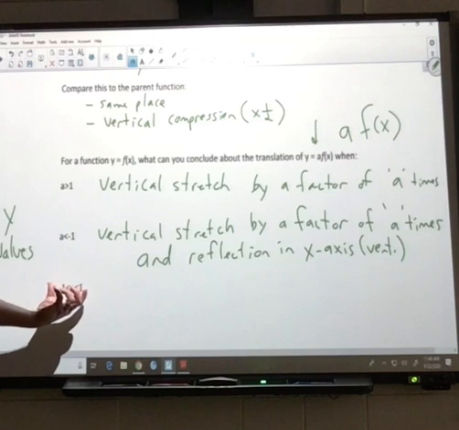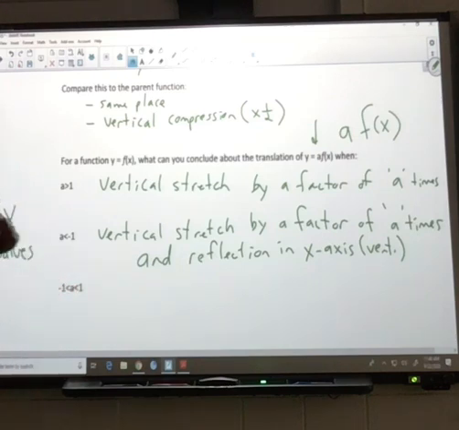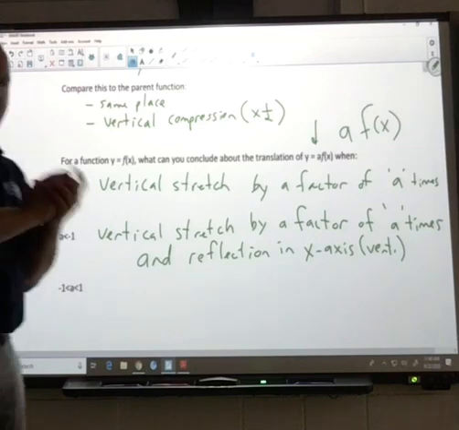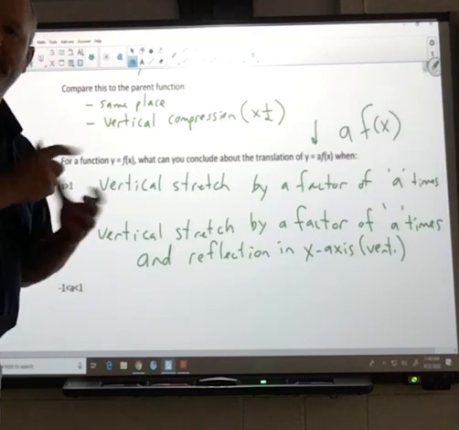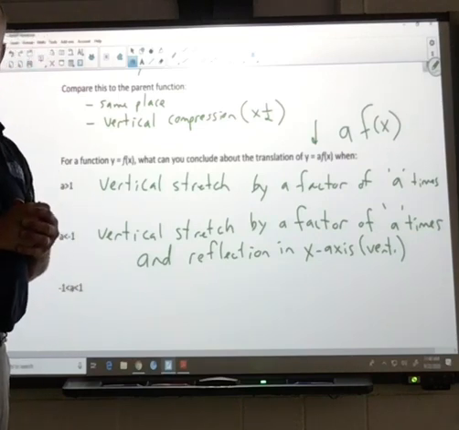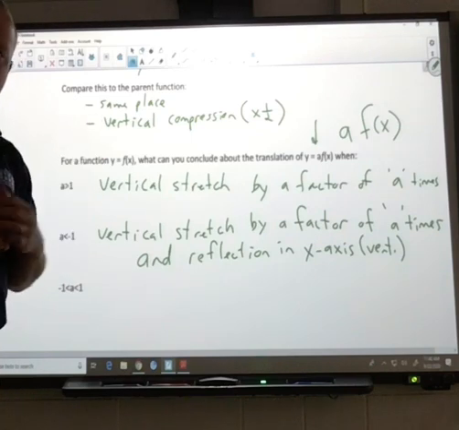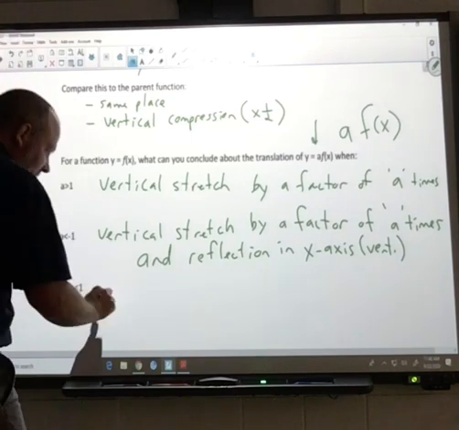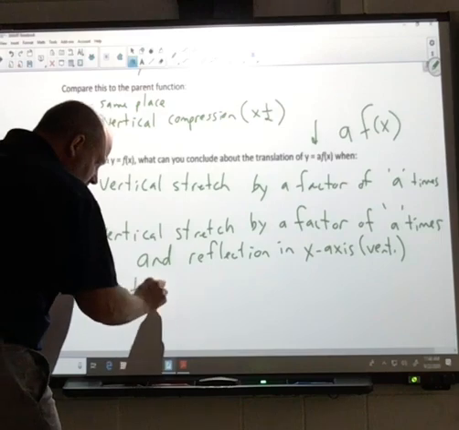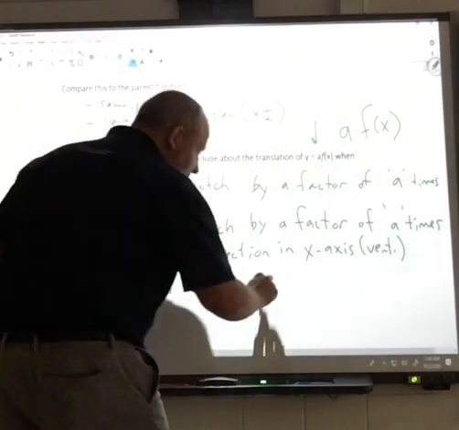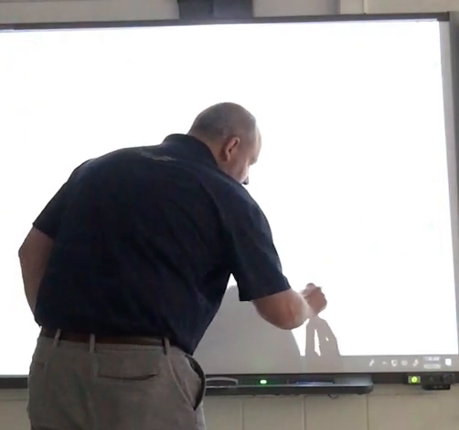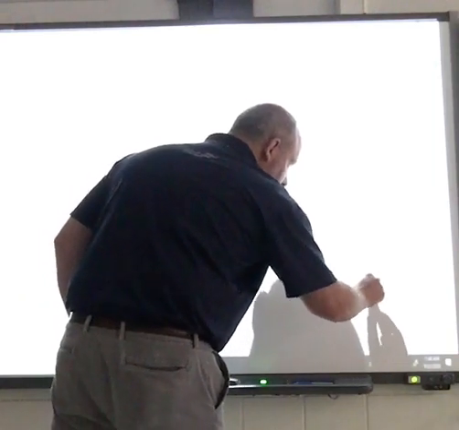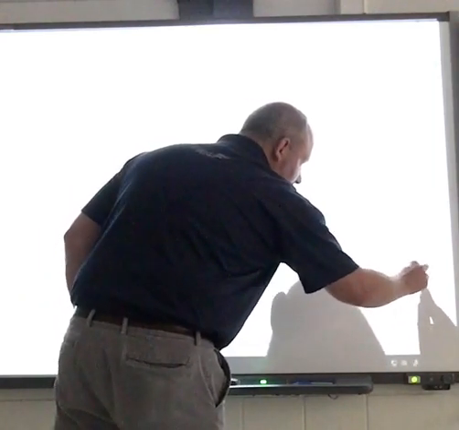Okay, if my a value is smaller than 1 or bigger than -1, in other words, the number part is smaller than 1, it's between 0 and 1. Okay, so it's a teeny tiny number, like the 1/2 fraction. It's still going to be a vertical change by a factor of a times.